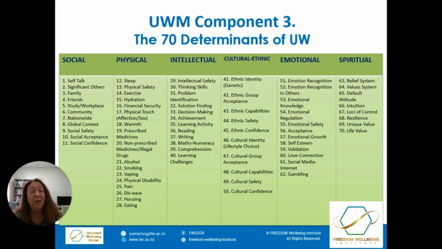Or we might find that our self-talk, in fact, is negative and destructive and may lead us into directions that, for example, could be harmful to our universal well-being. And so this pattern continues with all of the determinants set out in this table.